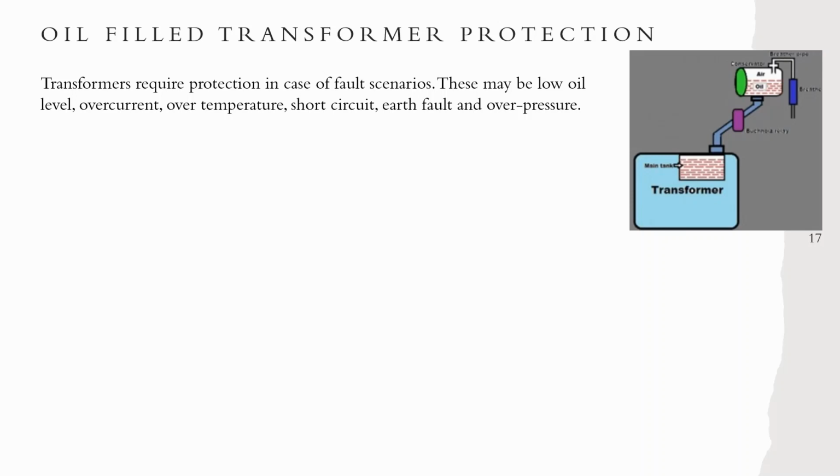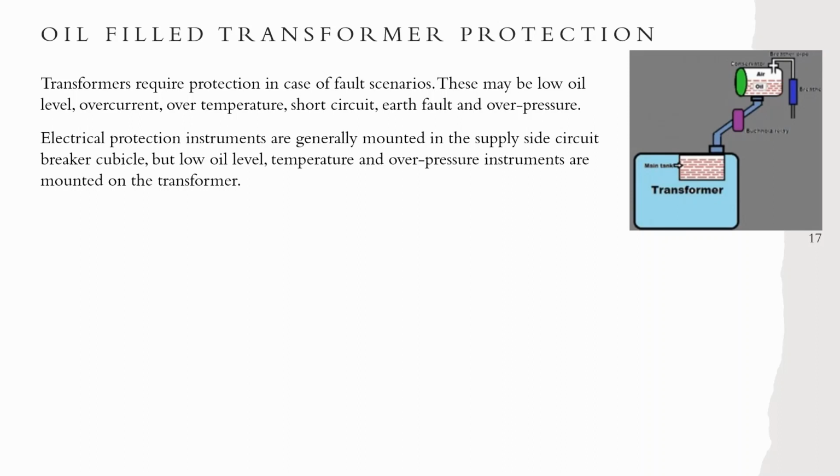They may be low oil level, overcurrent, over temperature, short circuit, earth fault, and over pressure. These are the transformer protections. So if something is wrong with our transformer, either oil, overcurrent, or temperature, or maybe short circuit, you can find that it is part of the protections of the transformer.